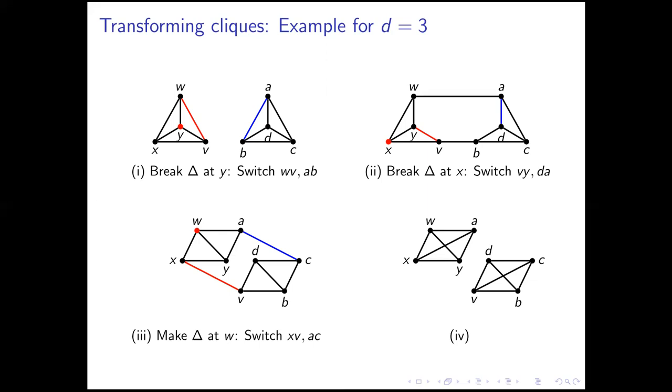And then I'm going to make a triangle switch at W. I'm going to introduce the edge AX, and I'm going to do it by switching the edges AC and XV, and the resulting figure is shown at the bottom left-hand corner. So that's a good example of how to fiddle about with triangle switches to move from one graph to another.